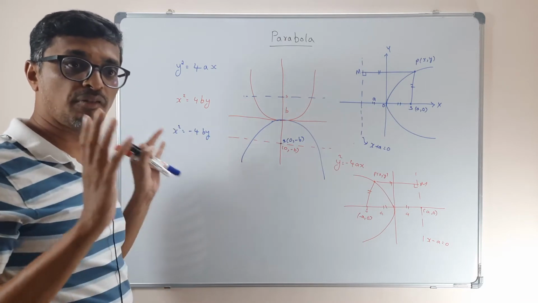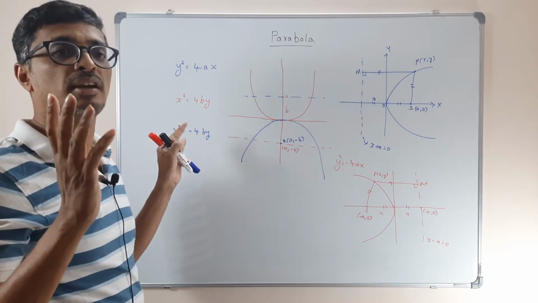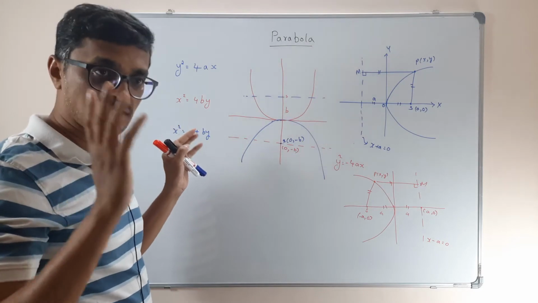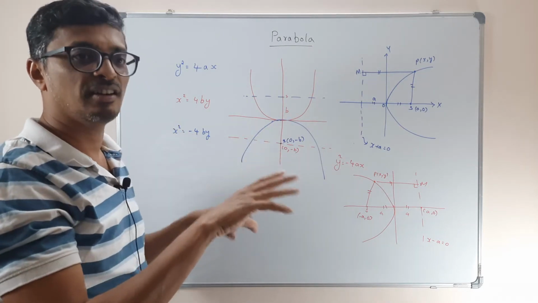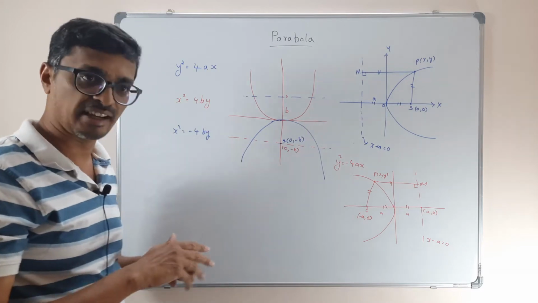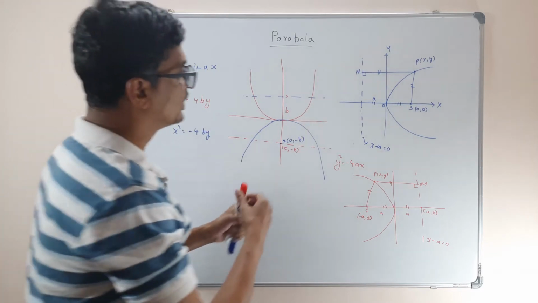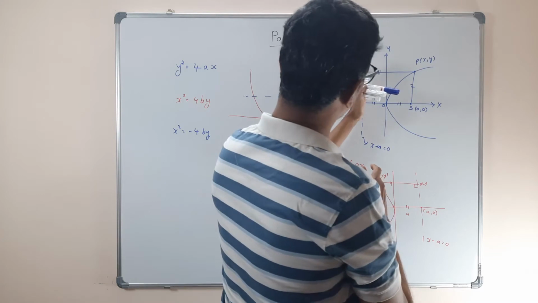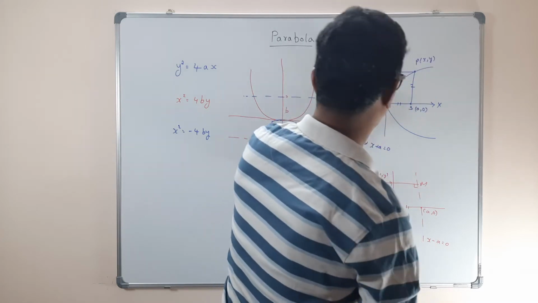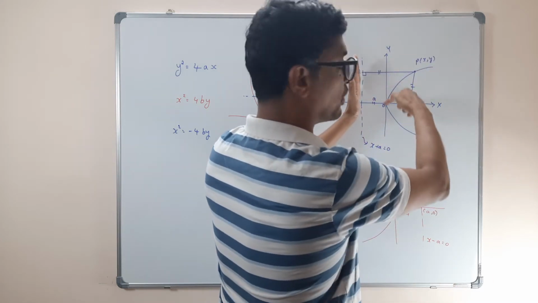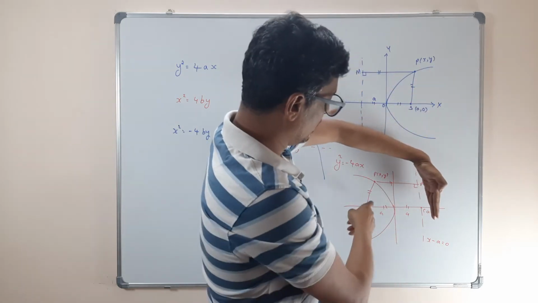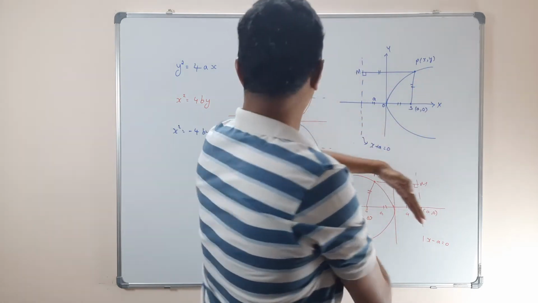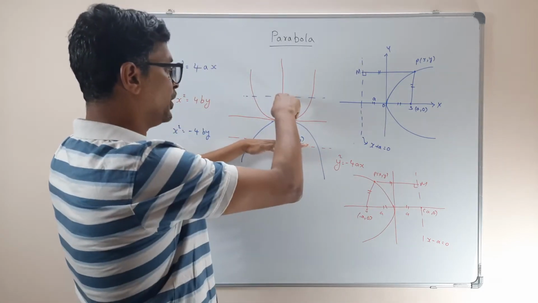What is a parabola? When we say parabola, how is it defined? The locus of a point which is equidistant from a fixed point and a straight line, the directrix. In this case we took this as the fixed line and this as the fixed point, but it not necessarily has to be there. We can have the fixed line here and the fixed point here. Similarly, you can have the fixed line here and the fixed point here.